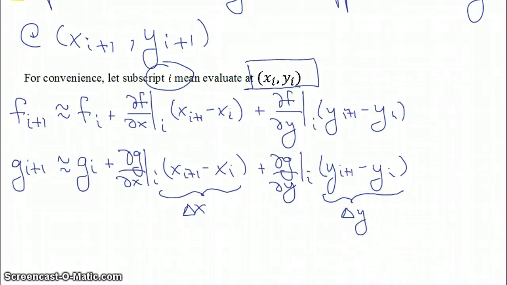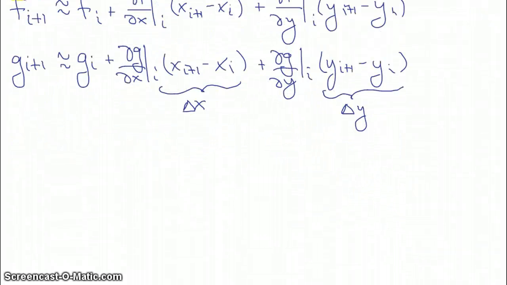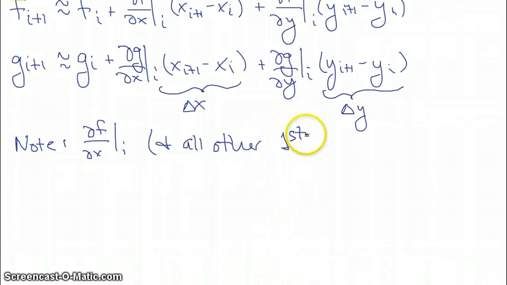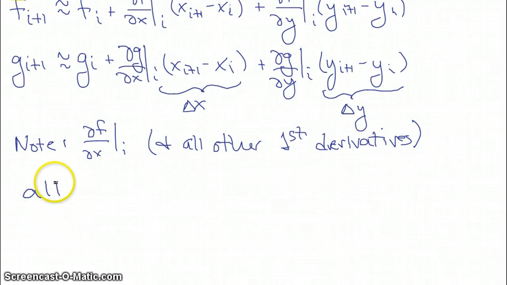Another thing to note about this system is that all of these derivatives, so for example, the partial of f with respect to x evaluated at xi, yi, and all other first derivatives, these are all just constants.